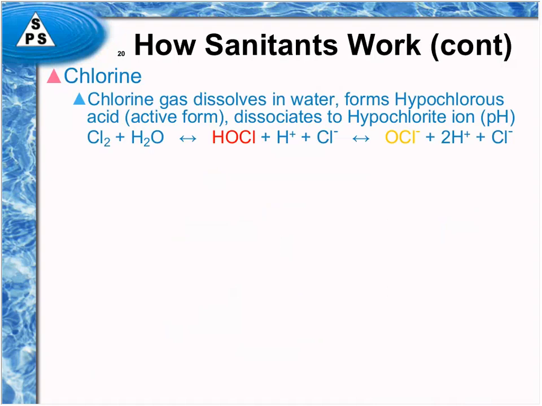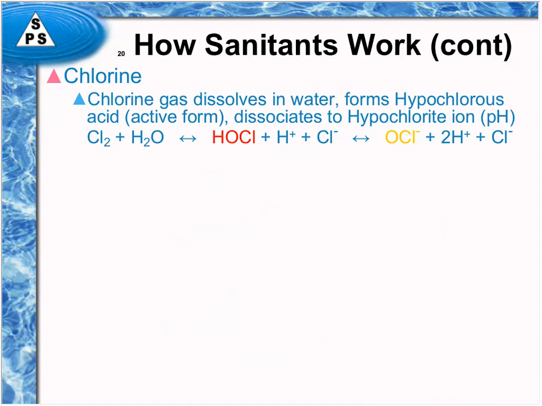Chlorine. Chlorine gas dissolves in water, and when it does, it interacts with water to form hypochlorous acid, a free hydrogen, and a chloride ion. There is usually a pH-dependent equilibrium between the hypochlorous acid form, HOCl, and the OCl form.